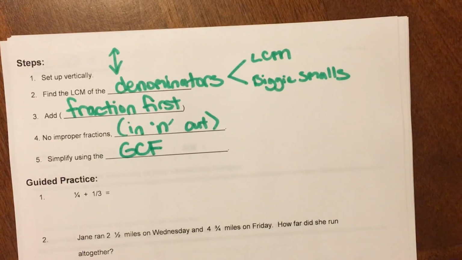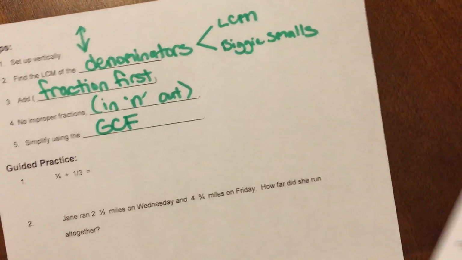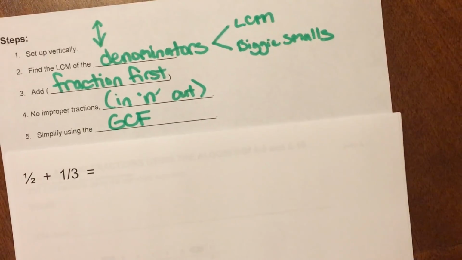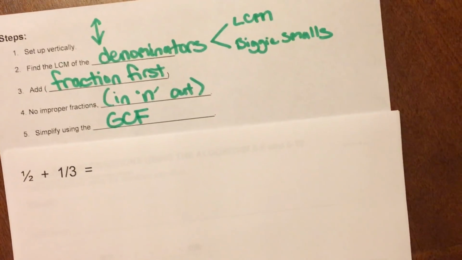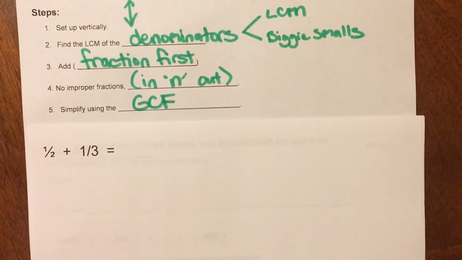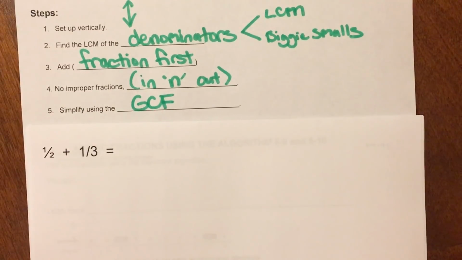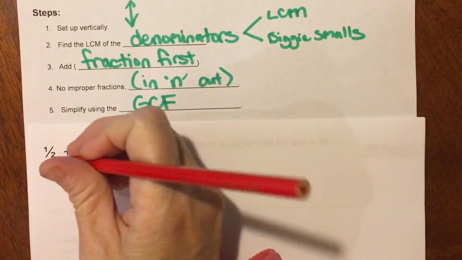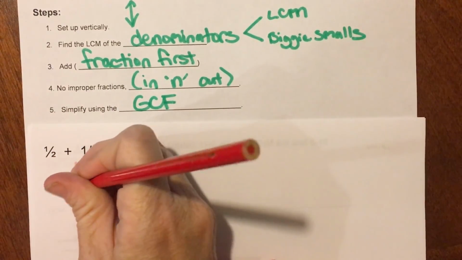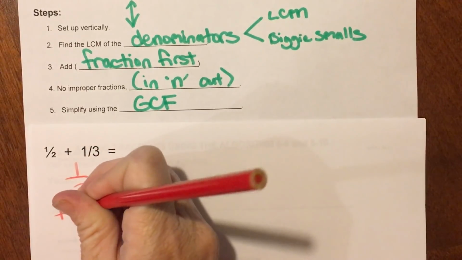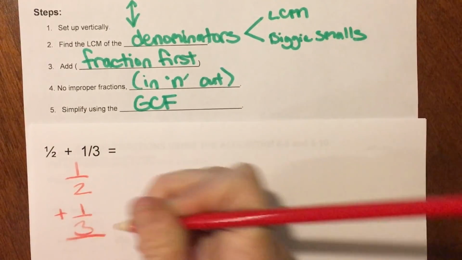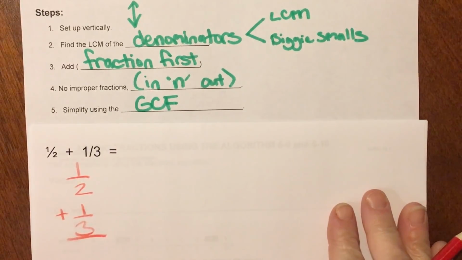Okay, so what does this really look like? Here's my first problem. I have 1/2 plus 1/3. So I'm going to set it up vertically: 1/2 plus 1/3, and that's vertically.